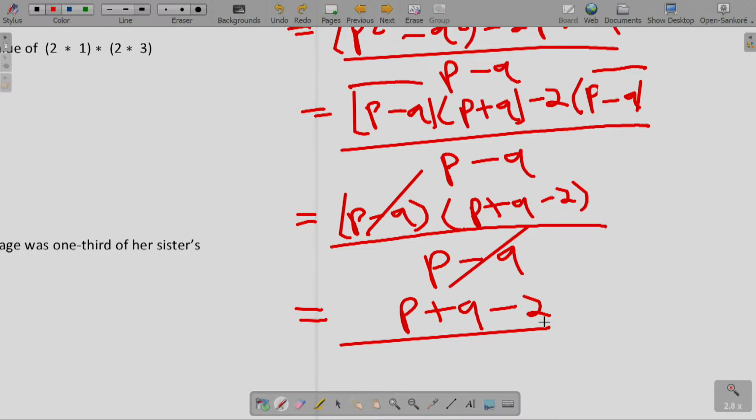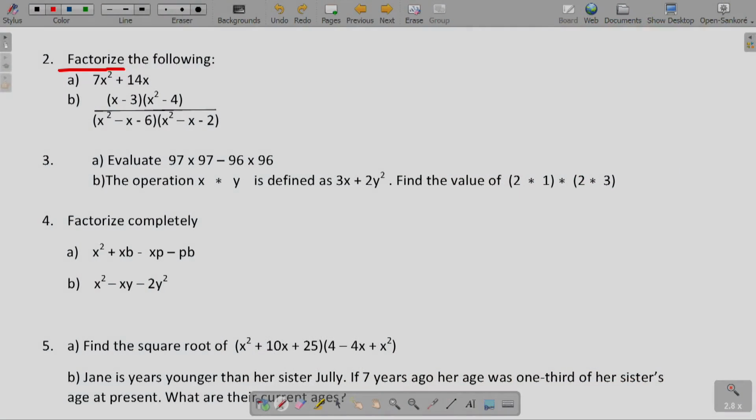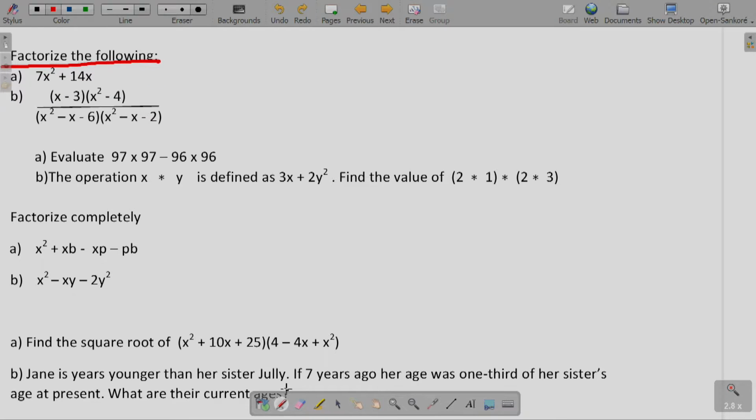Let's now move to second question. The second question says factorize the following. So let's start factorizing. The first one is 7x squared plus 14x. To find the factor of this term, we have to give out common.